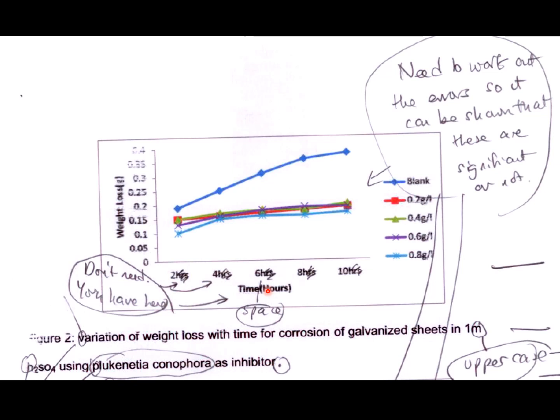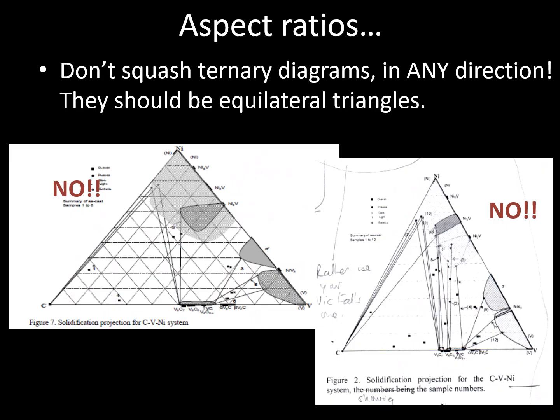And then what they've got is obviously as they're adding the inhibitor in, you've got less weight loss, so that looks good. But the trouble is these are all very similar, so it would be a good idea to draw these on a separate graph with standard deviations, and then you could really see, was there any real difference or are they much of a muchness?